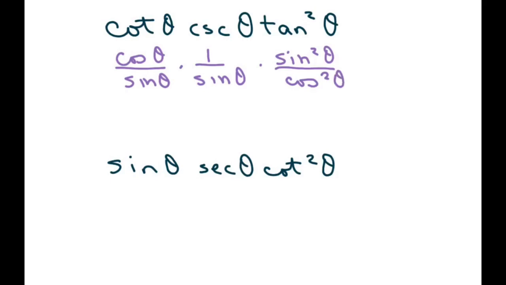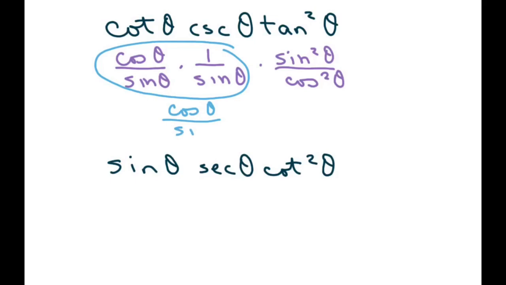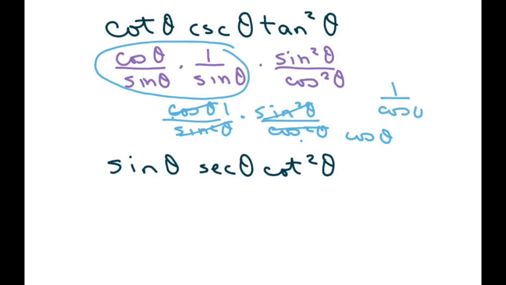Now basically I could rewrite this one as cosine theta over sine squared, because there's 2 of them there, times sine squared over cosine squared. Well, this cancels. We have 1 cosine here and 1 here, so this goes into this 1 time. You put the 1 there, so that's 1 over cosine of theta, which equals secant theta. Because remember, cosine is x, so that's 1 over x.